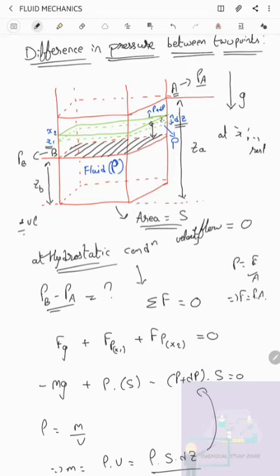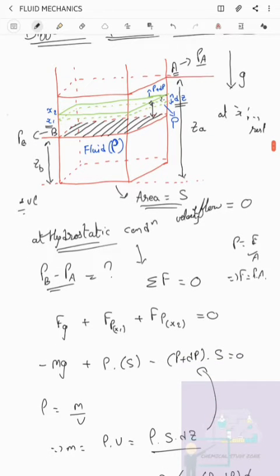As it's at rest, it doesn't show any pressure force on the system. That means the pressure at x1 is nothing but the atmospheric pressure. Let us indicate it with some P.